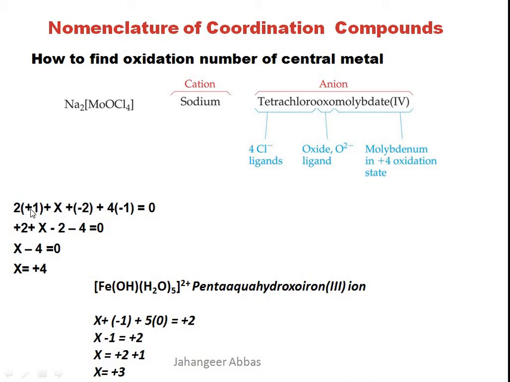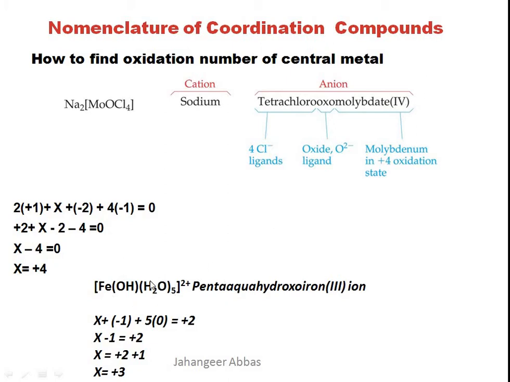There are two atoms, 2 into +1, plus X, the oxidation state of the central metal atom, plus the oxidation state of oxo -2, plus the oxidation state of fluorine -1 into 4, is equal to 0. Then we calculate the oxidation state, +4. We will write it in Roman numerals.